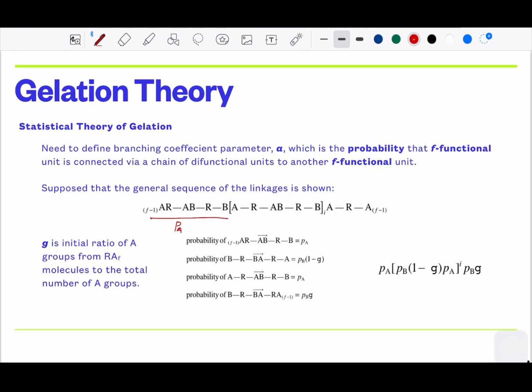So we need to make another term that is G. G is the initial ratio of the A groups from RAF molecules to total number of A groups. So this G will be in the other terms of the PB, the BR, BA, RA.